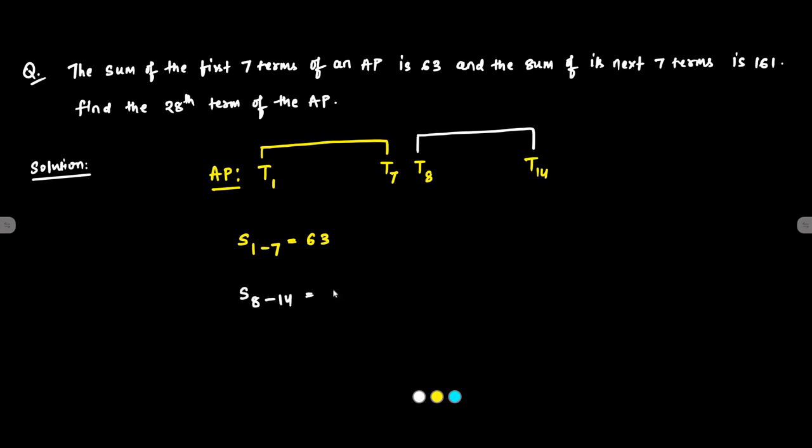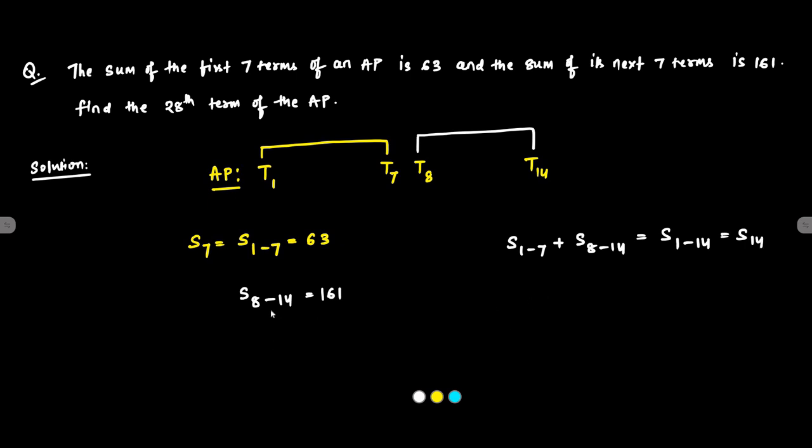So we can say that the sum of the total 14 terms of the AP is the sum of 1 to 7 plus the sum of 8 to 14. So we can write this as S7 and this as S14.